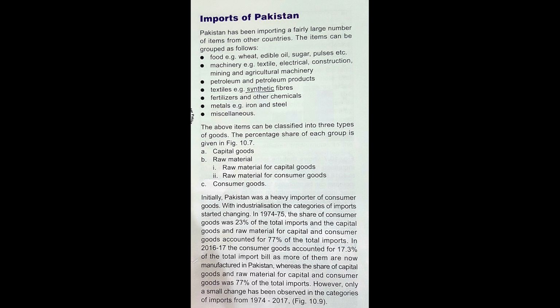In 1974 to 75, the share of consumer goods was 23% of the total imports, and the capital goods and raw material for capital and consumer goods accounted for 77% of the total imports.